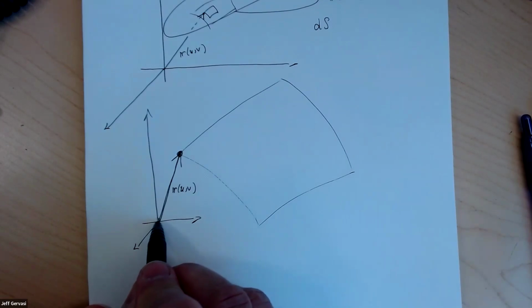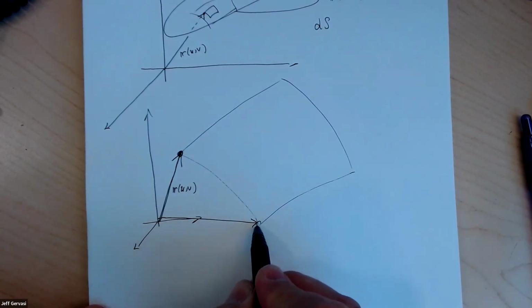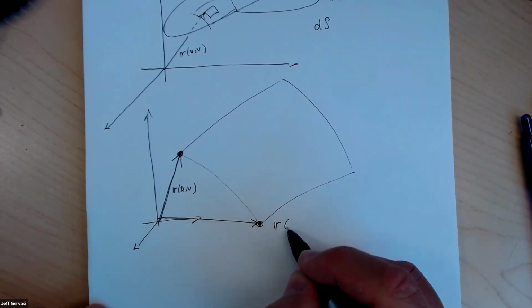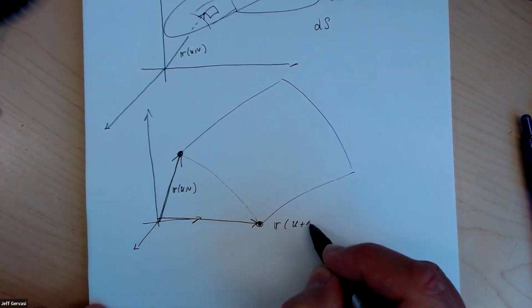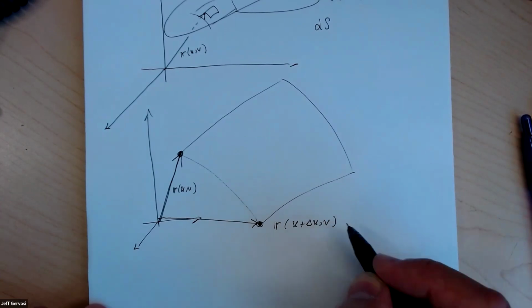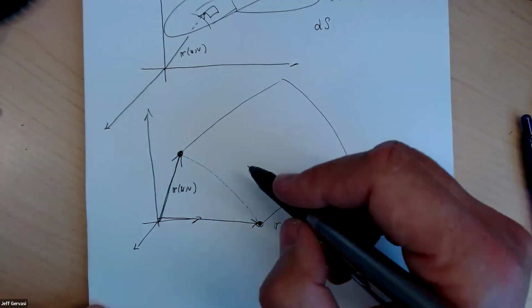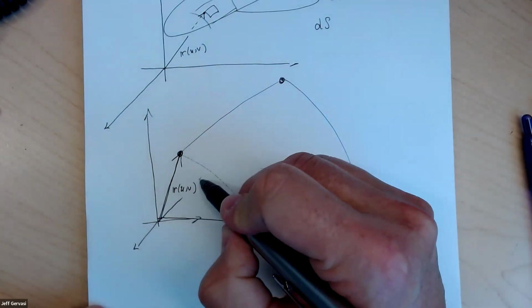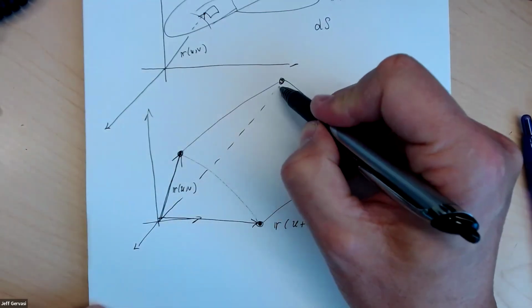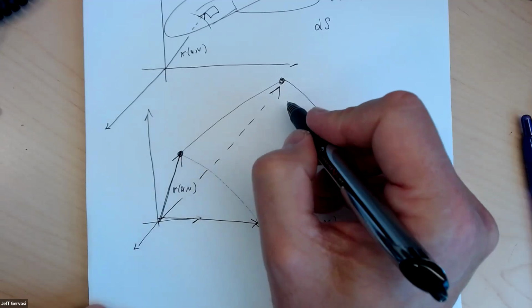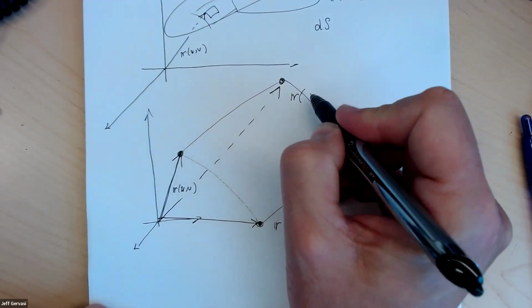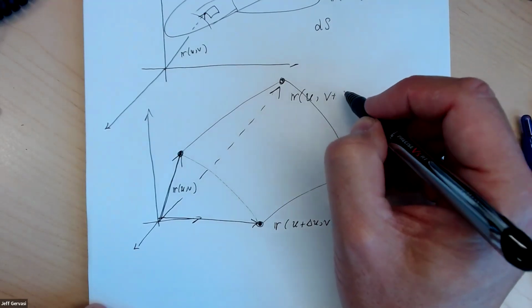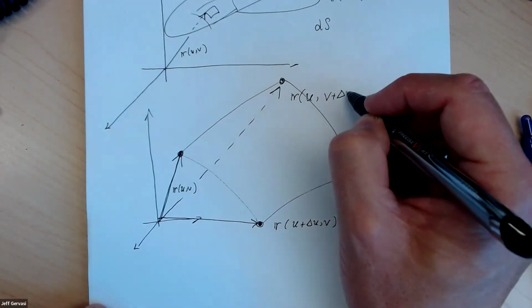And then let's call this one over here r of u plus delta u, v. And then this corner up here, let's call that one r of u and v plus delta v.